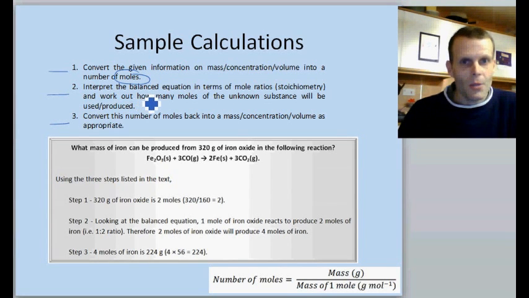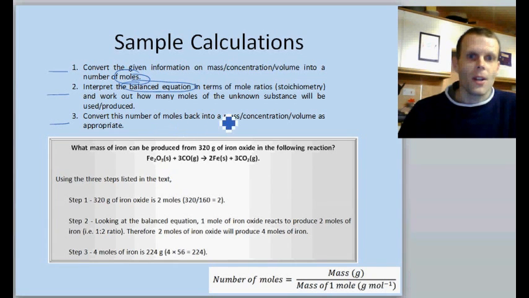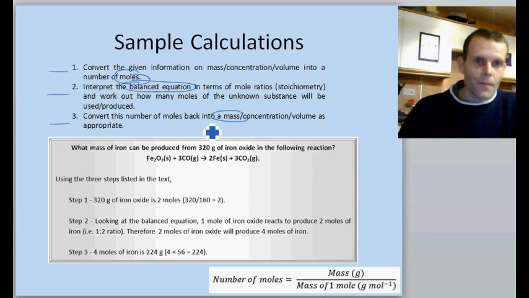Second step, look at your equation, look at the stoichiometry and see how things are reacting. The third step, once you've worked out how many moles of product you're going to get, you can convert back out of moles. So first step, go into moles. Second step, look at the equation. Third step, come back out of moles into more user-friendly terms.